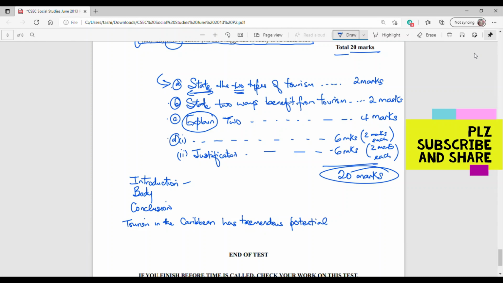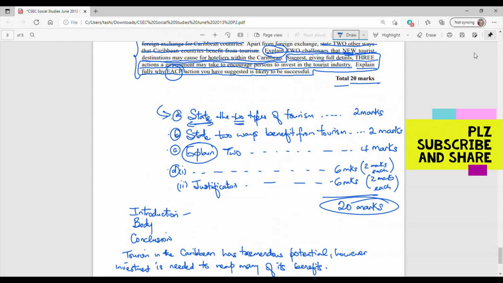So tourism in the Caribbean has tremendous potential. However, investment is needed to reap many of its benefits. To reap many of its benefits. And then we could go into the first section.